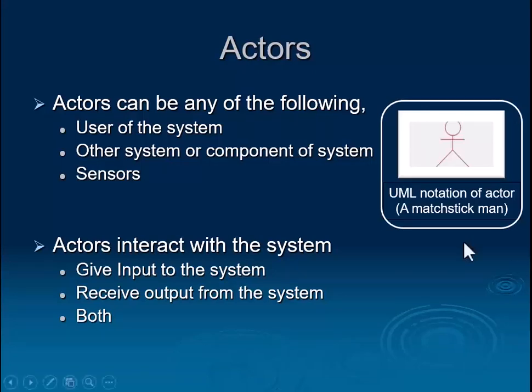So this is the actor notation. The actor's role is to interact with the system, give input to the system and receive output from the system. Obviously, the input will be initiated by the actor, and as a response, the system will give output to that actor.